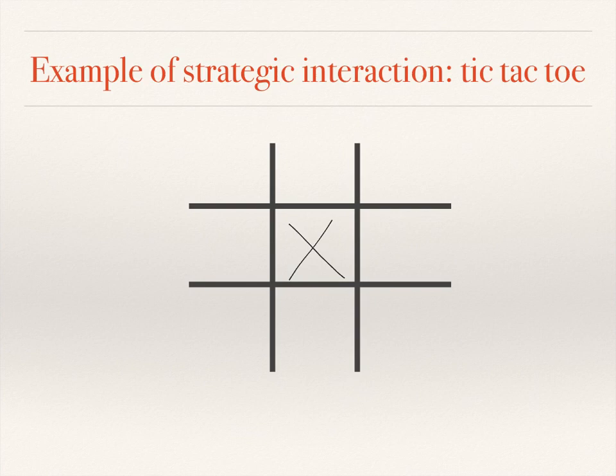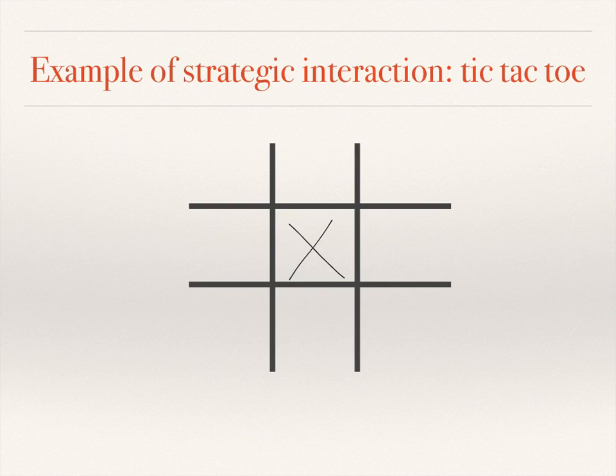If I play the cross there, you're going to play here. Why? Because if you don't do that, if you play here, say, then I am going to play here, forcing you to block me, at which point I play here, and then you're stuck, because if you play up here, I play over here.